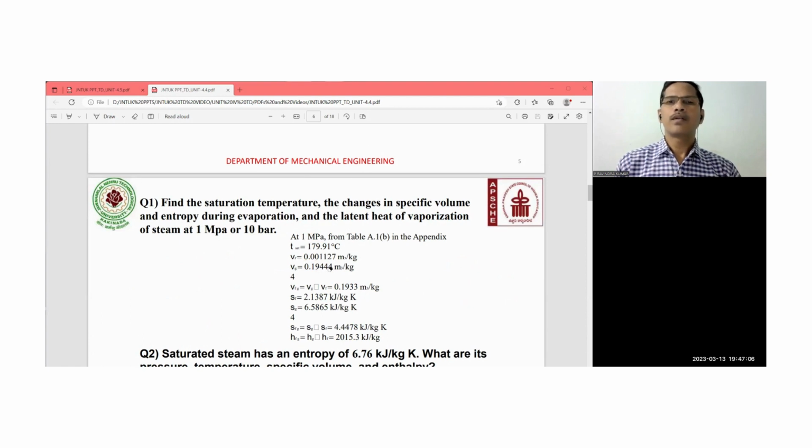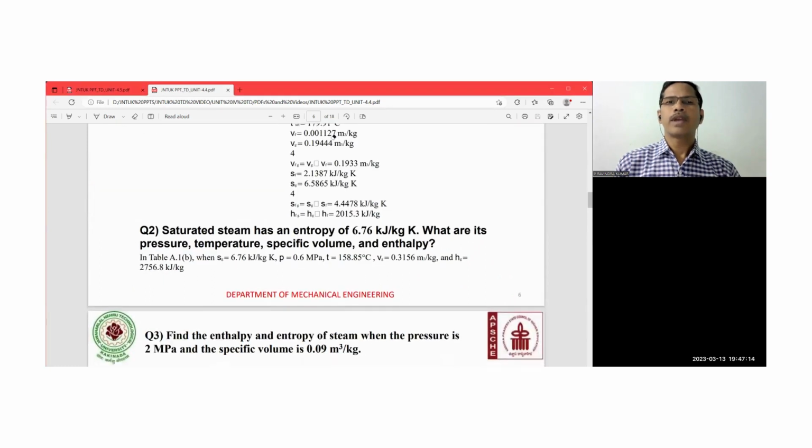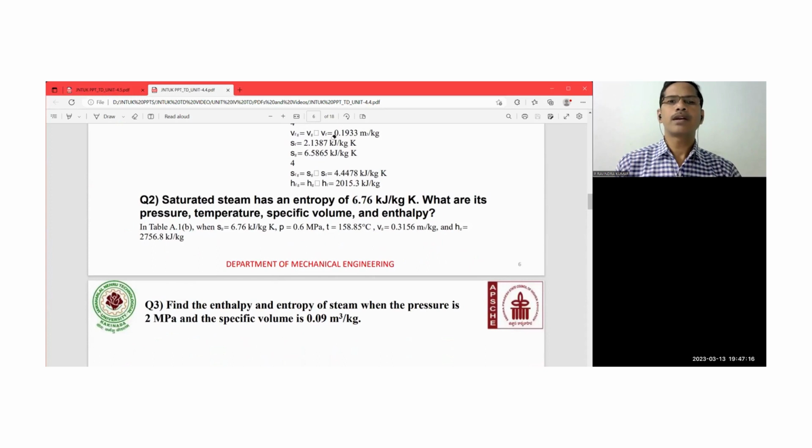So that is the first case. Now moving on to the second case. The second problem mentions saturated steam with an entropy value given.